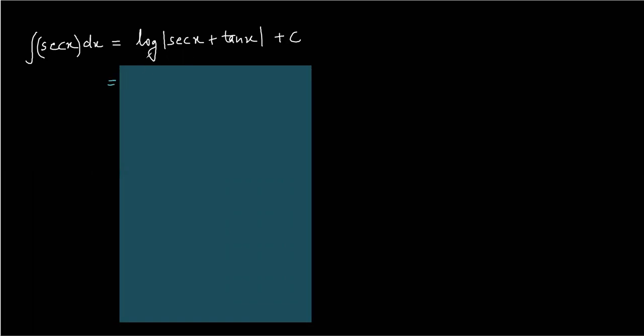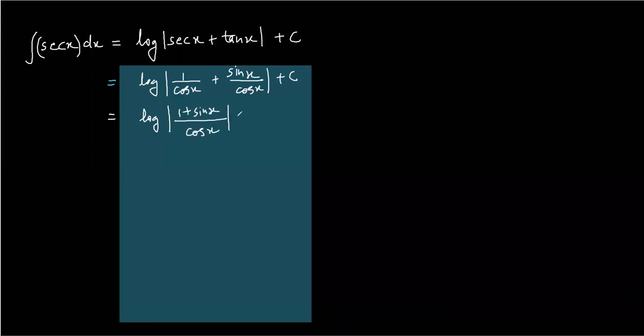So the next step I will write here log of sec x plus tan x. I can write 1 upon cos x plus sin x upon cos x plus c. So the next step it will become log of 1 plus sin x upon cos x plus c. Integration of sec x, I have already got as log of sec x plus tan x plus c.